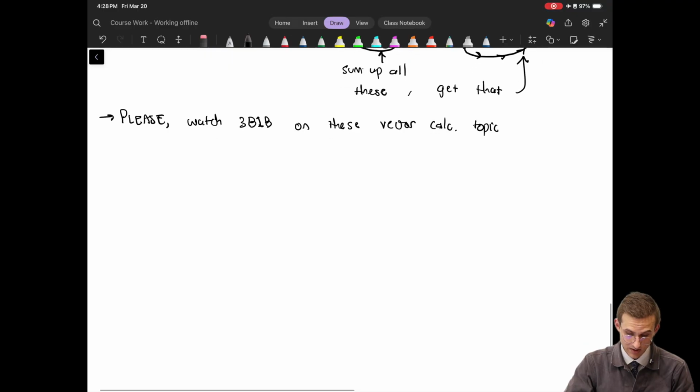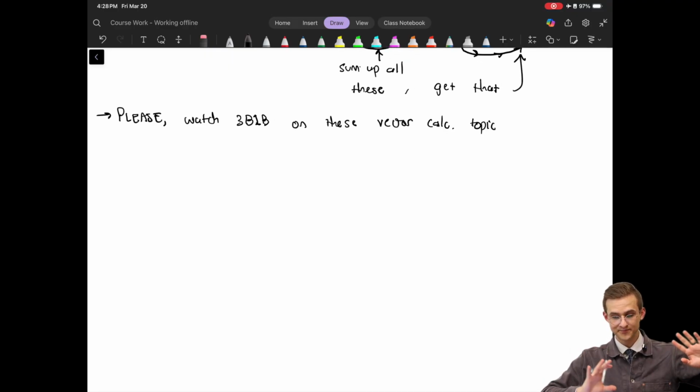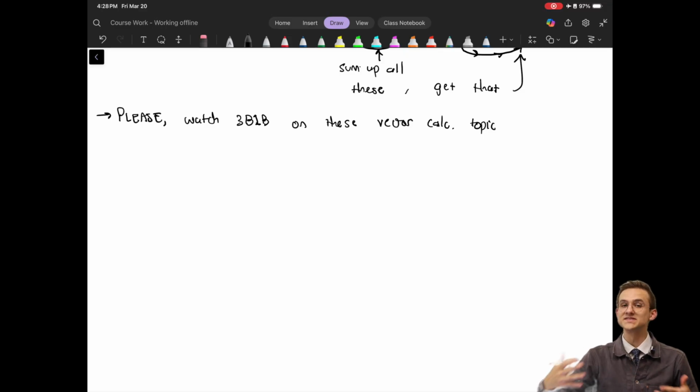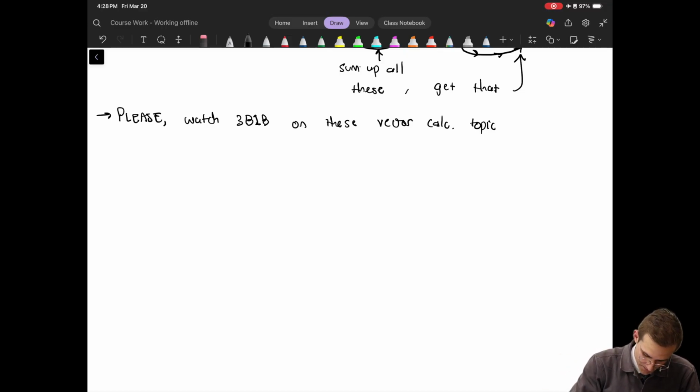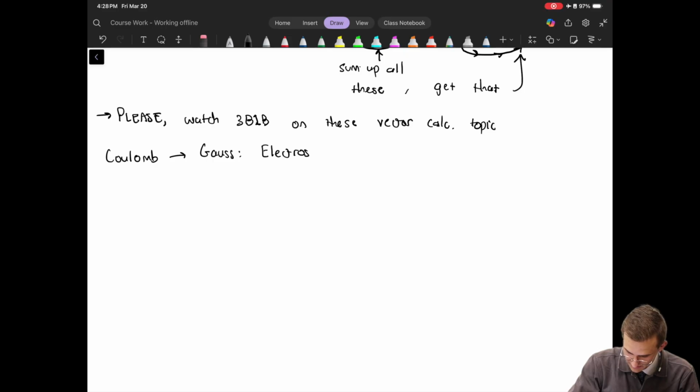Okay, but now that kind of gets the basic vector calculus, vector operator stuff out of the way, and now it's time to start talking about some physics. We are going to, and hopefully you know Coulomb's law. This is something that you would learn hopefully as far back as high school, but definitely in your classical physics sequence.